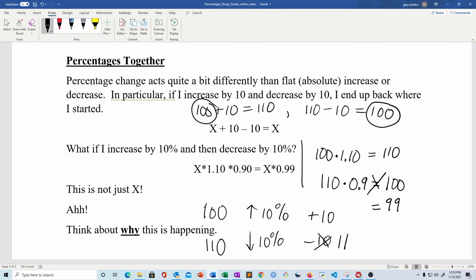So you ended up taking more away, which doesn't drop you down 10, it drops you down 11. So you gotta be careful with this. It's a little weird, but if you think it over, it should make sense. You go up by some percent, you try to go back down, it doesn't work that way. You're going to end up going down by too much. You're going to miss the mark.